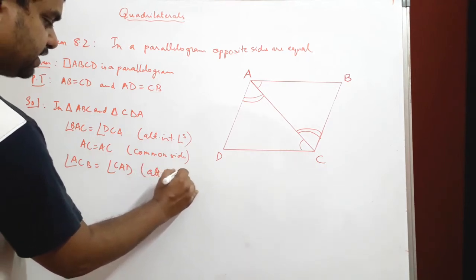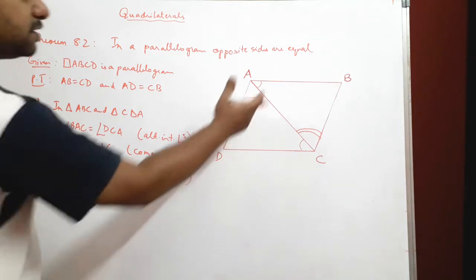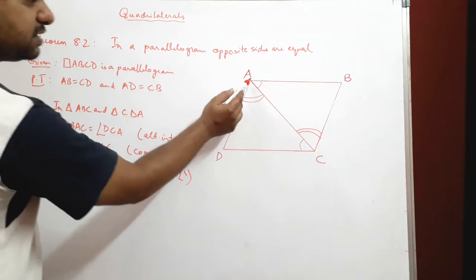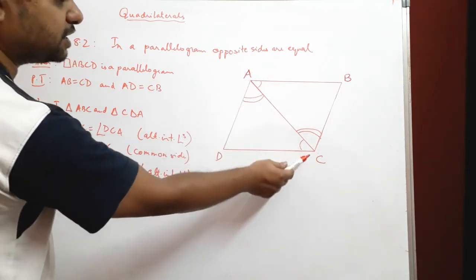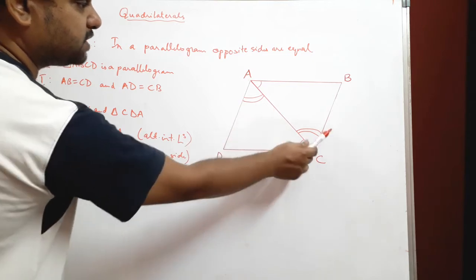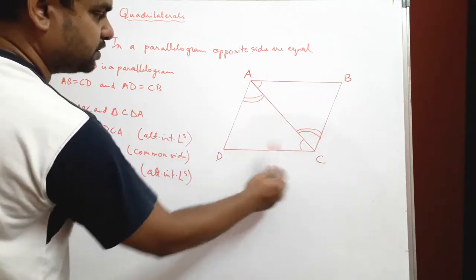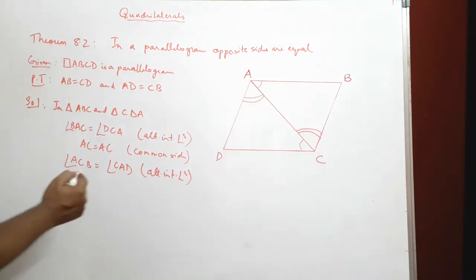It is alternate interior angles because we know that in a parallelogram opposite sides are parallel. AC, which is a diagonal of this parallelogram, acts as a transversal for opposite sides which are parallel in both cases. We have AB parallel to DC and AD parallel to BC.